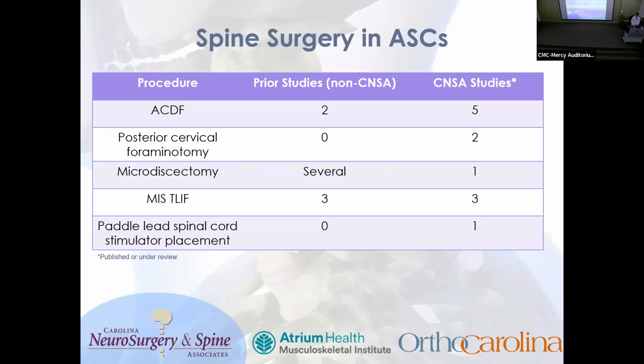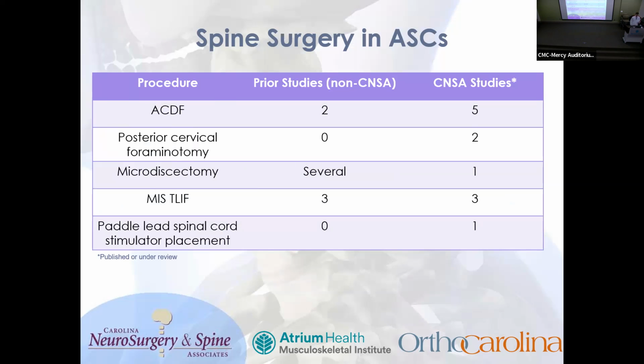I put this up here not to beat our chest and say we've done all these studies looking at ambulatory spine surgery, but I think it's important to know that before we started doing this back in 2015, 2016, there really was not a whole lot of data out there.